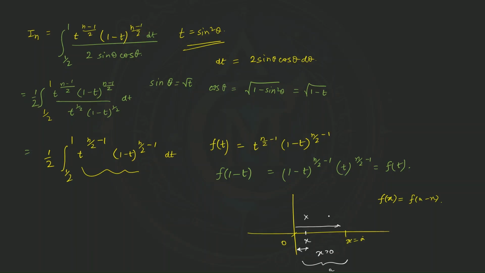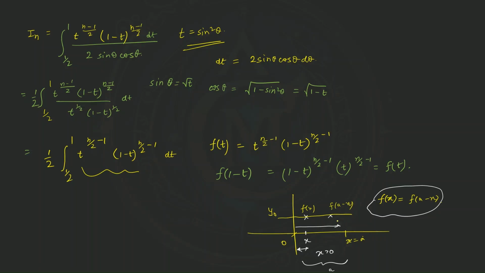That means this point will be our f of a minus x, right? Now according to this equation, we have these two points in the same horizontal line, because f of x and f of a minus x are equal, and they are equal to some constant y naught, for some particular x.